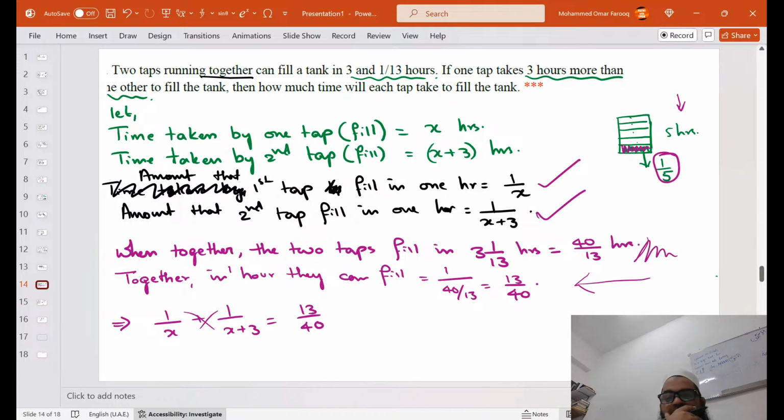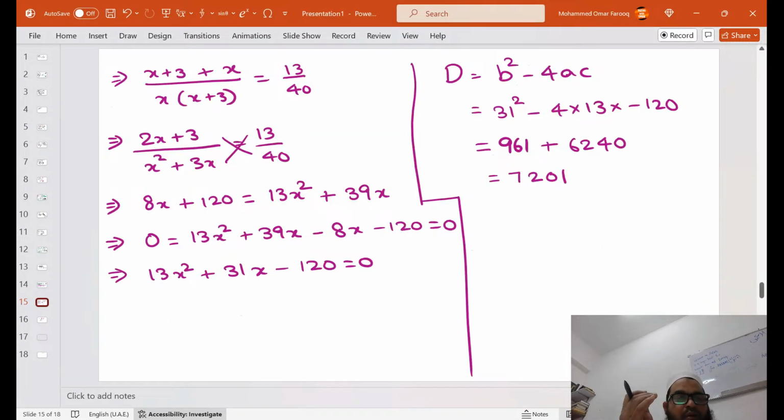13 threes are 39 plus 1, 40 by 13. So it is x plus 3 plus x into x plus 3.